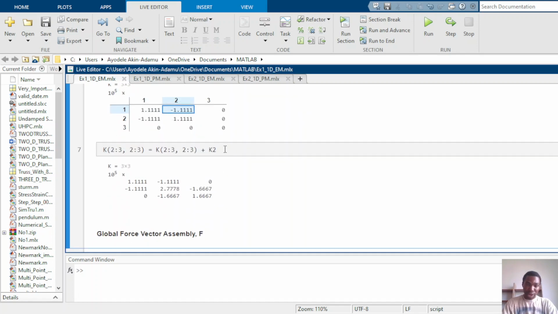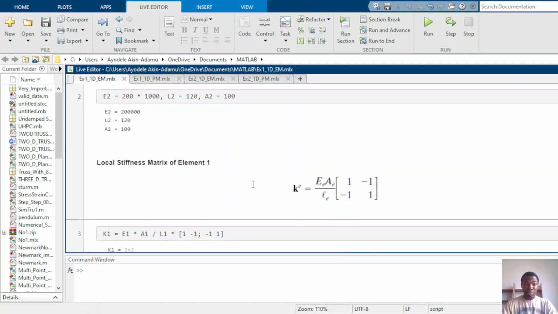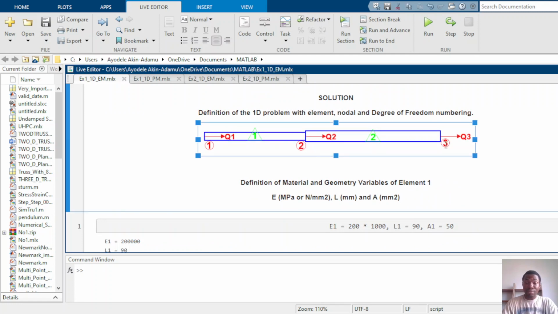The next step is to add the local stiffness matrix of element 2 to the K matrix. And you do this the same way we did for K1. You should know that element 2 is between node 2 and node 3.